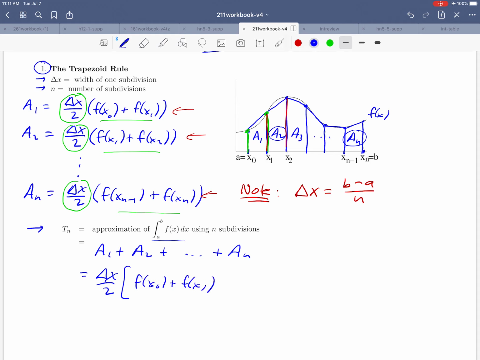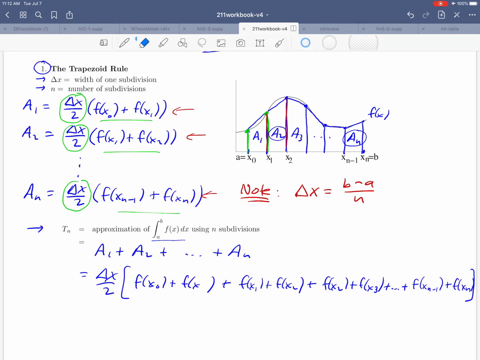That takes care of the first trapezoid. Plus f of x1 plus f of x2. There's the second one. We keep going, and eventually we come to f of xn minus 1 plus f of xn. Sorry for writing small on you here. Hopefully you can read that.